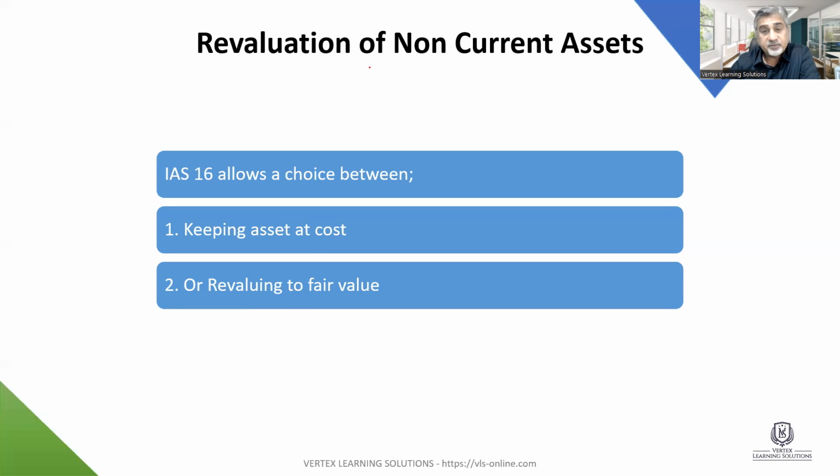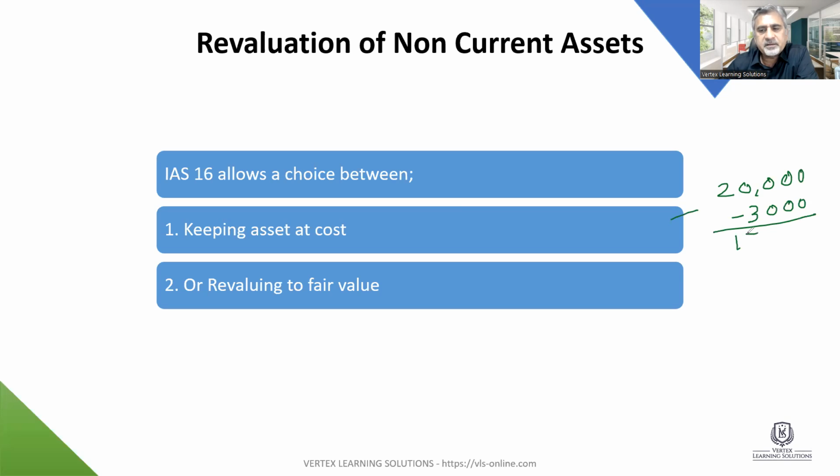The cost model, which we have already seen: I purchased the asset for 20,000. I'm continuing the same numbers which we have been discussing for the last 2 hours. I charge depreciation of 3,000 for year 1.